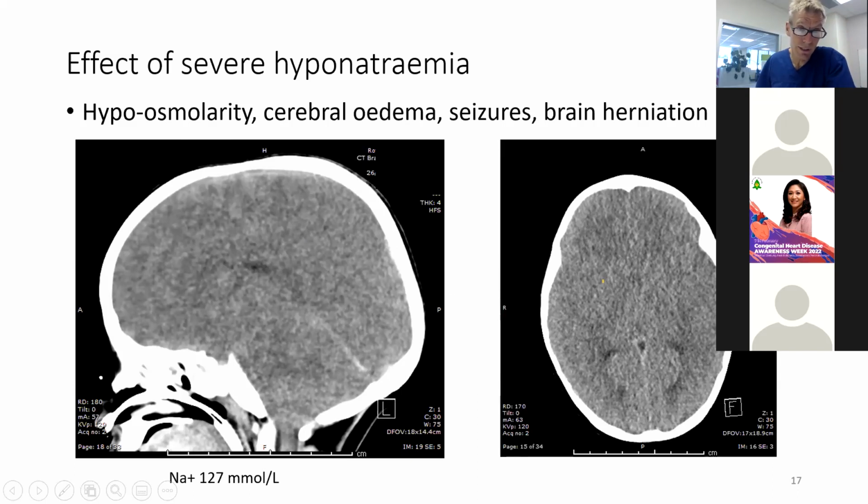So that's a rare occurrence, but it's more likely if a child's got an underlying brain problem, like if they've got meningitis, if they drop their serum sodium. So if a child's got a brain injury of any sort, we try to keep the serum sodium above 140 to 145 would be ideal, but certainly don't let it drop below 130. That can be very dangerous.